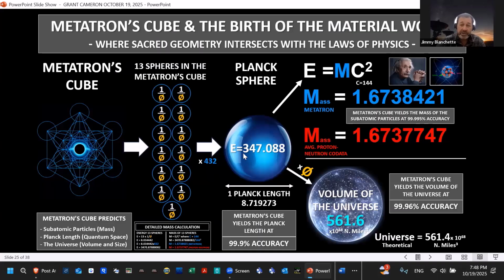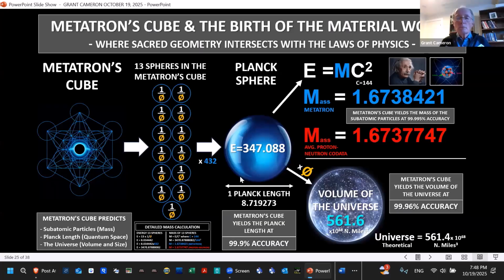And we end up with an energy equivalent to 347.088. Now, that's interesting because if we have a sphere that has a volume energy equivalent to that number, the diameter of that sphere will match exactly 1 Planck length.